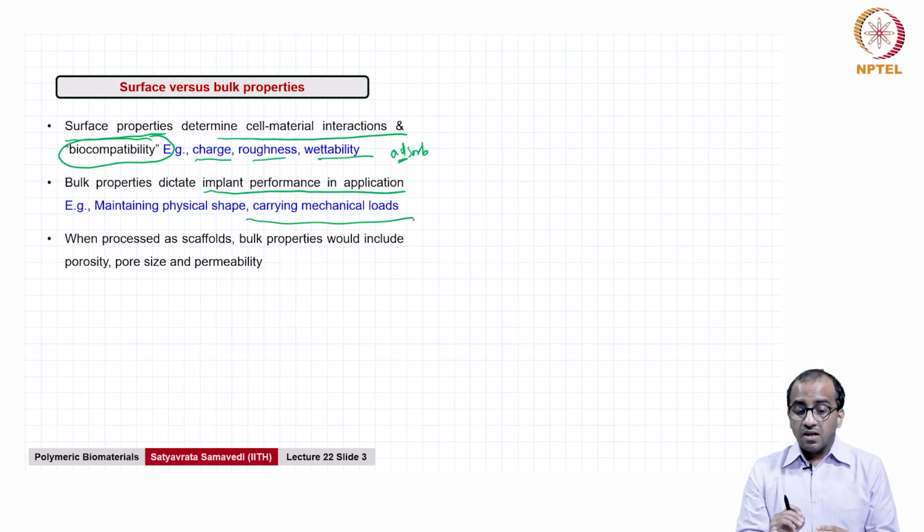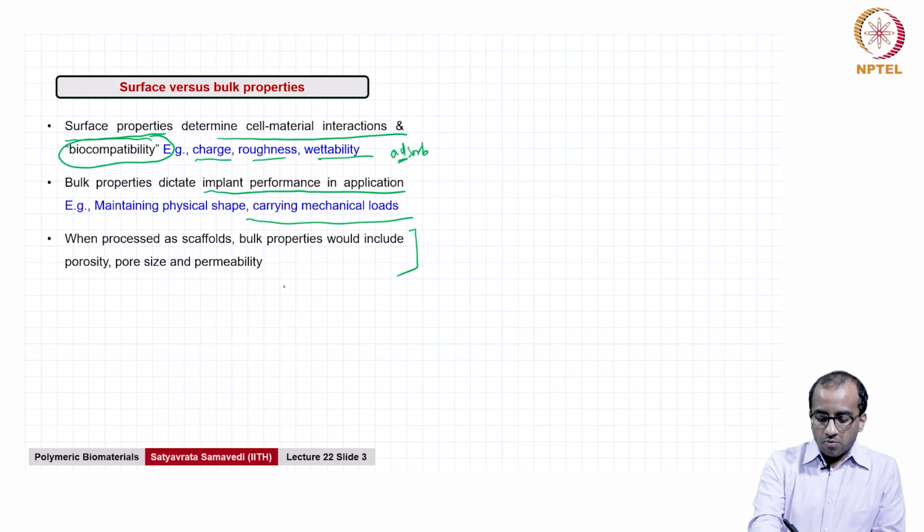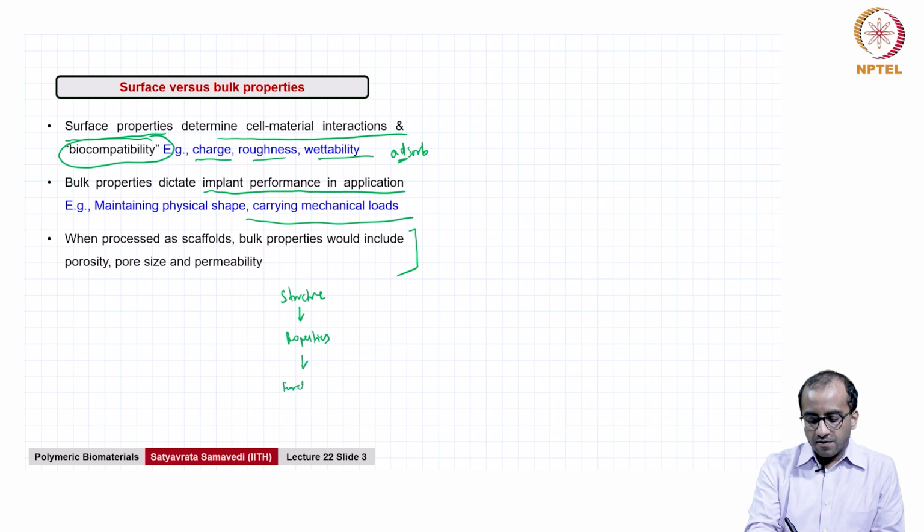So, there it is important that mechanical properties are contextualized. And one thing to keep in mind is the role of processing here. So, one thing that we have seen earlier is this idea of structure affecting properties, affecting function and performance.